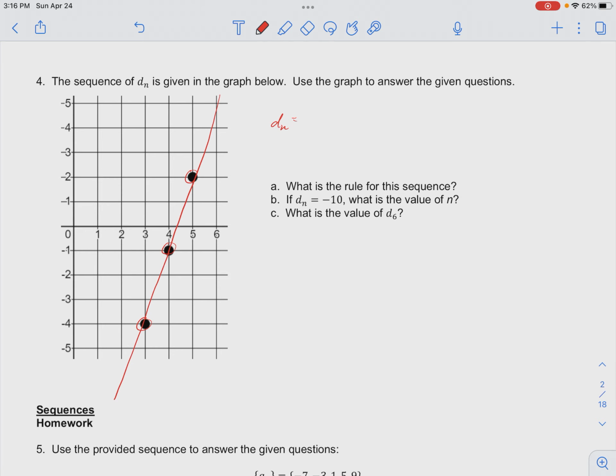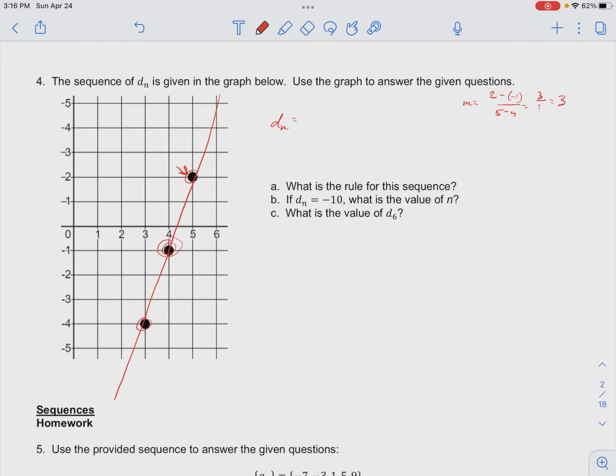So we have our slope given from the change in y over change in x between 2 points. So that can be this point here, that would be 2 minus this point, negative 1, over 5 minus 4, which is 3 over 1, which is a slope of 3.